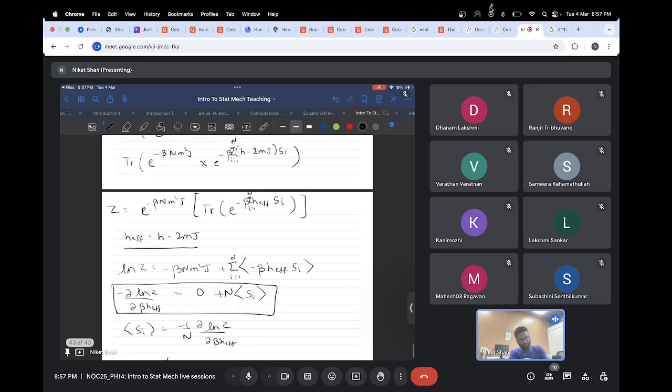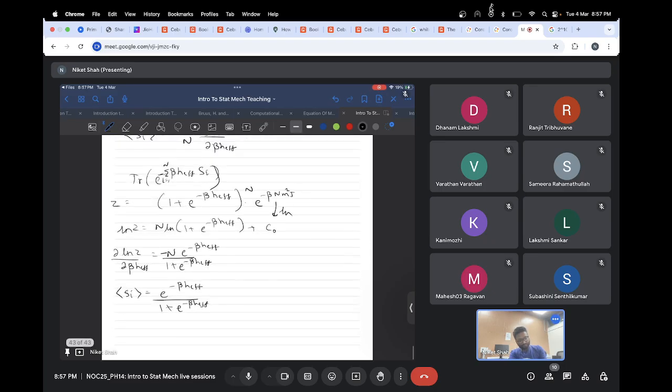This is the equation we get. And what is h effective? h effective is h minus 2mj, so this is equal to e raised to power minus beta (h minus 2 Sj) divided by 1 plus e raised to power minus beta (h minus 2 Sj). That's equal to S.